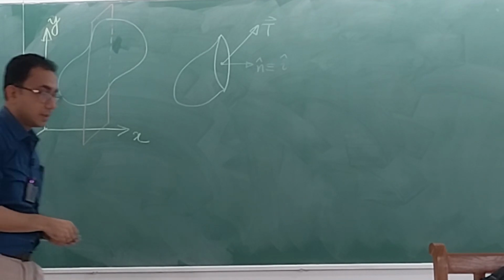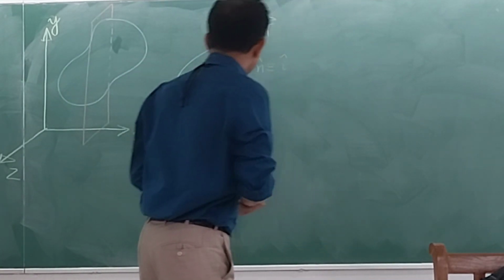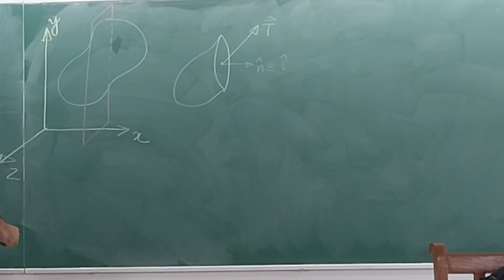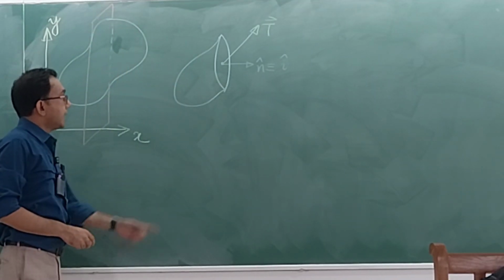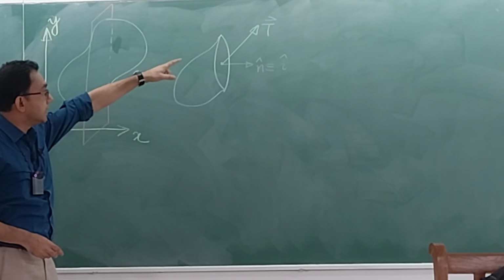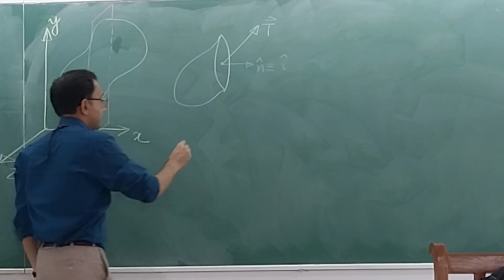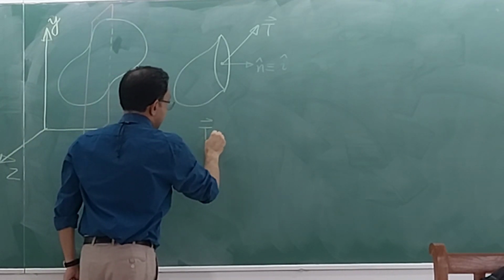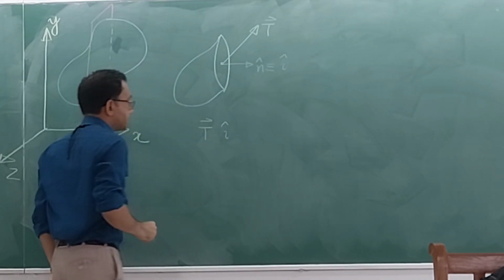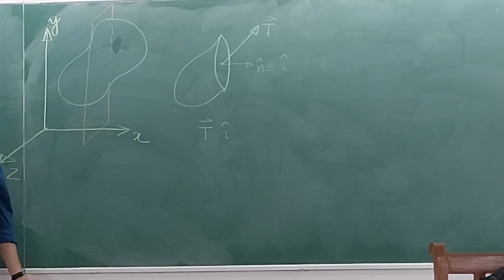If you're with me so far, now you tell me something. Can I now take the dot product of that t with the I? So t dotted with I. What is this thing?